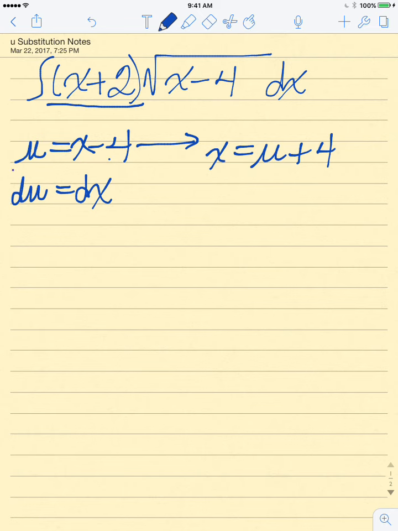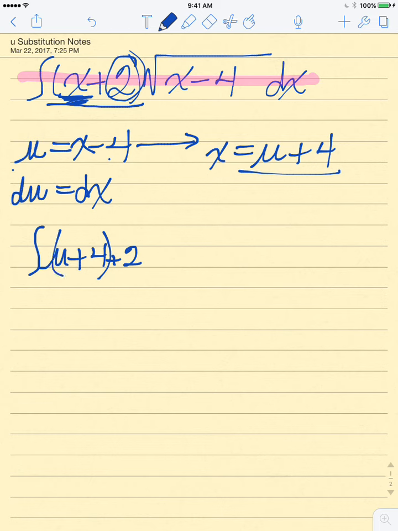So now I'm going to rewrite this whole thing in terms of u. For x, I have x equals u plus 4. So I'm going to say u plus 4, and don't forget that 2 there. We still have to add the 2.